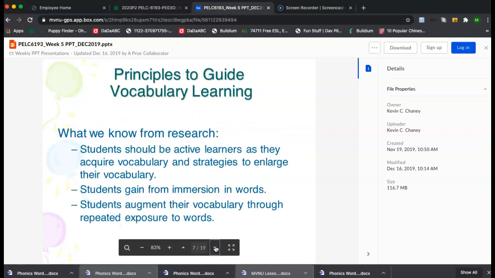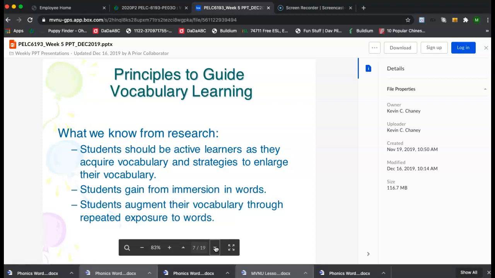Now, what do we know from research to guide vocabulary learning? We know that students are active learners as they acquire vocabulary and strategies to enlarge their vocabulary. They need to be active in that process.